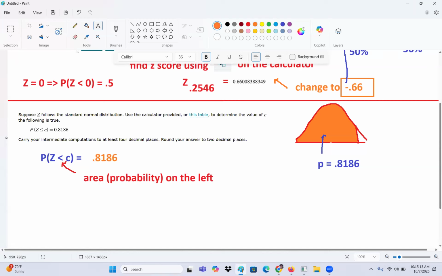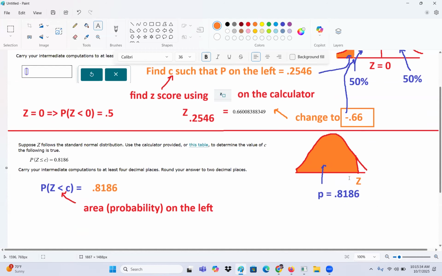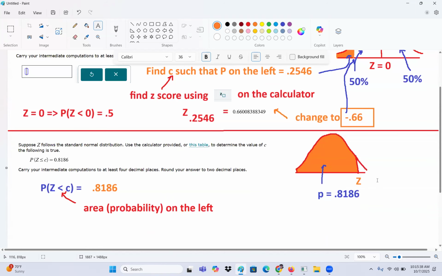So with 82%, the z cannot be negative, it has to be positive, because when z equals 0 we got 50%. So something positive should be more than 50%. Right? It cannot be on the left side. The left side will be negative z, the right side will be positive z. So it should generate a positive z in this case. Okay. But that part has to be a negative z.